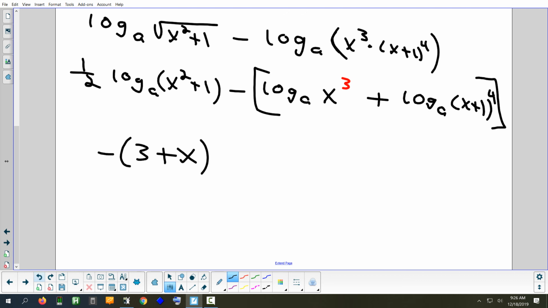There's a difference between that and that. In the first case, the negative is applying to the whole thing. It's like a distributive. In the second case, the negative is just applying to the 3. But you're subtracting that whole log. However you want to rewrite it, you can. But you're still subtracting all of it, not just part of it. Okay? That's why there's brackets.